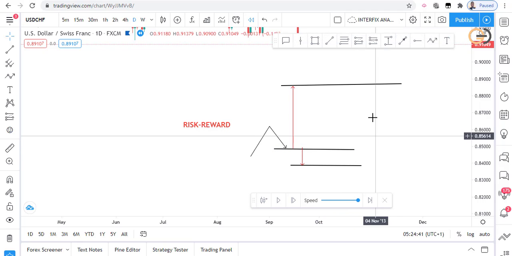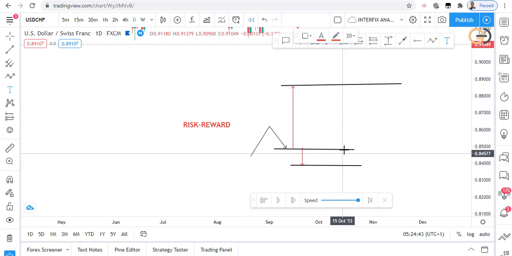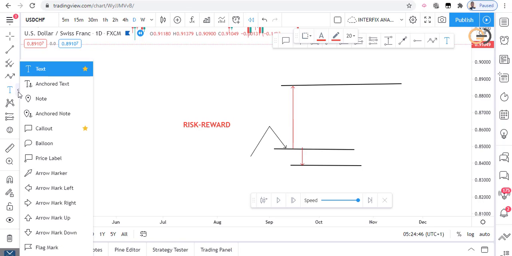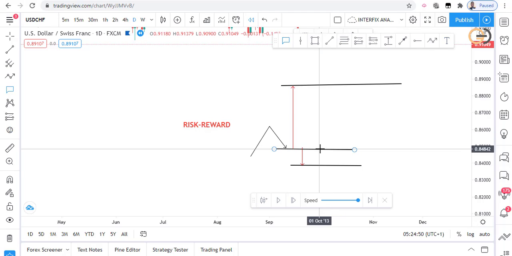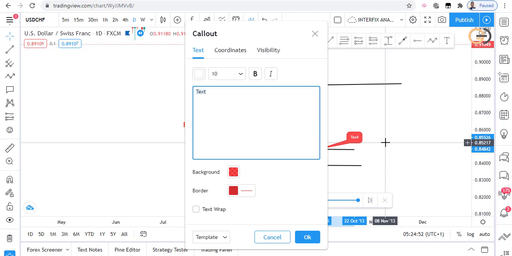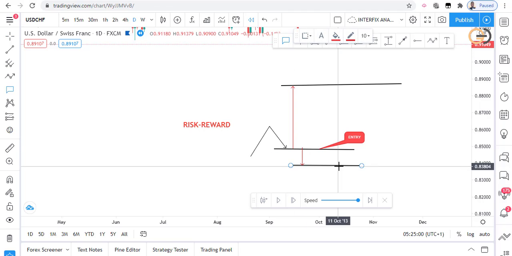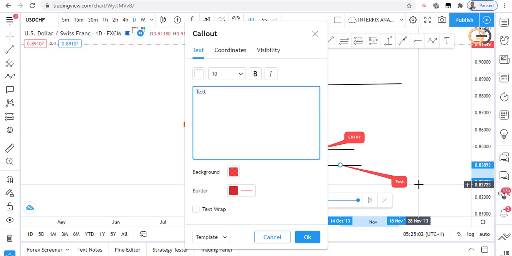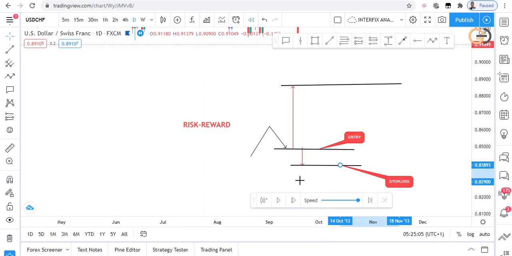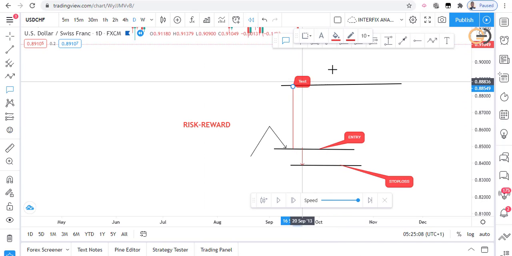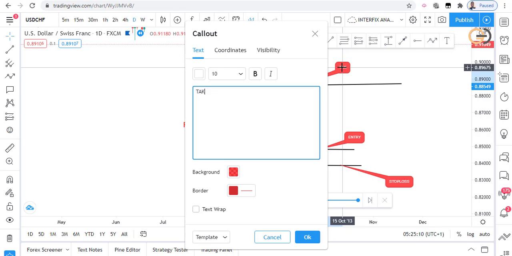Let's say this is your entry into the market, and this is your stop loss, and this is your take profit.